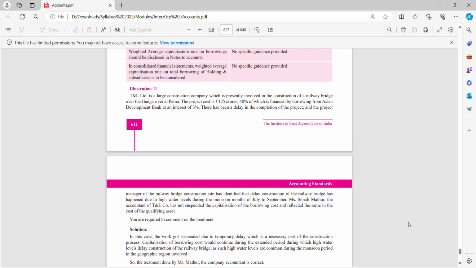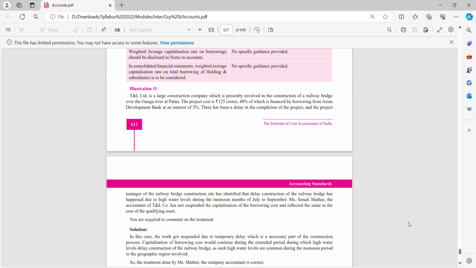TNL Limited is a large construction company which is presently involved in construction of a railway bridge over the Ganga River at Patna. The project cost is rupees 125 crore, 40% of which is financed by borrowing from Asian Development Bank at an interest of 3%.